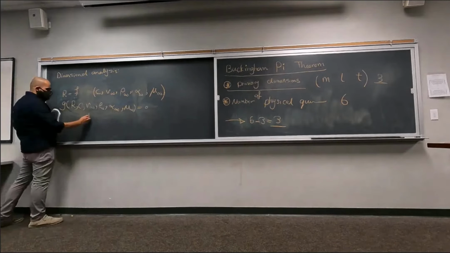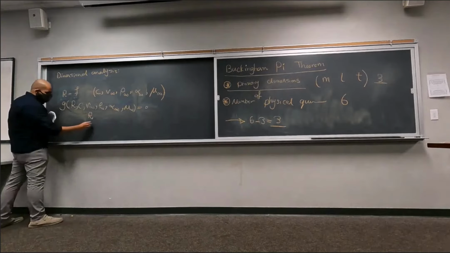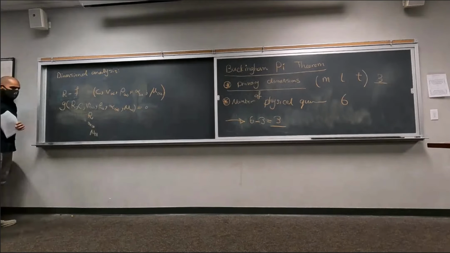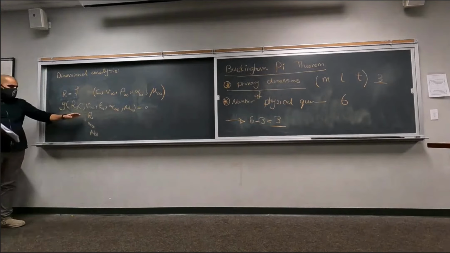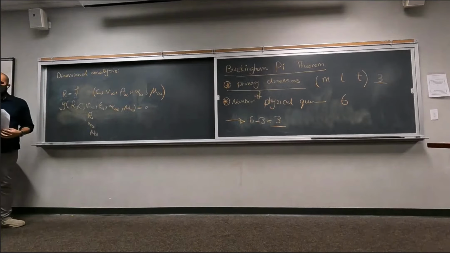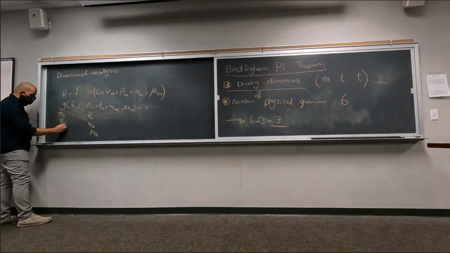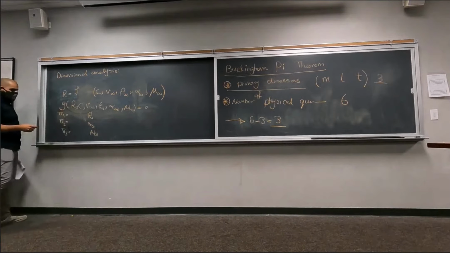So we're going to choose R and alpha and mu. That has to be present in only one of the dimensionless parameters. I'm going to call the dimensionless parameters we have pi 1, pi 2, and pi 3.